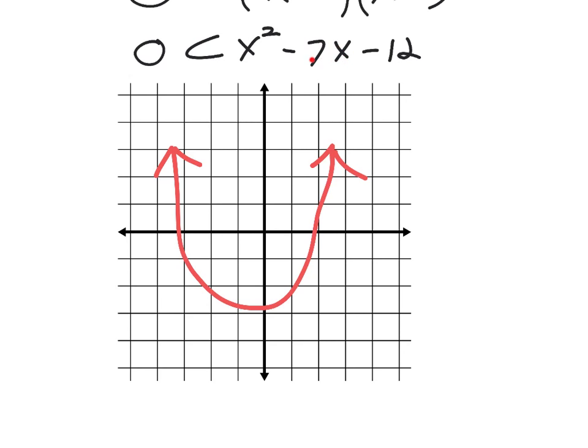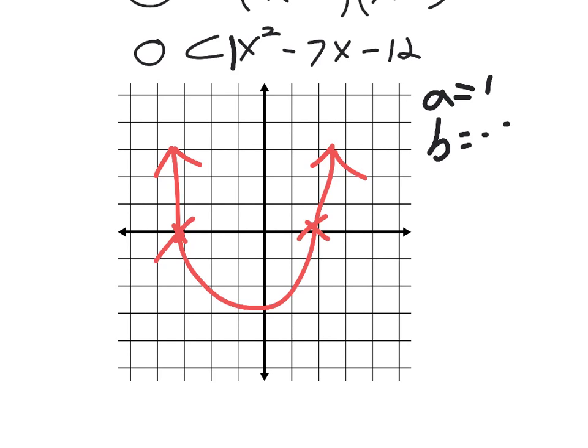If we use the quadratic formula to solve for the value of x, that's going to tell us the zeros of the quadratic. So it's going to tell us where it crosses the x-axis. We'll just have to do some testing to see if it's okay. But let's go through the quadratic formula and find the zeros for this. In the quadratic formula, a is going to be 1 for our problem because of the 1 right here.